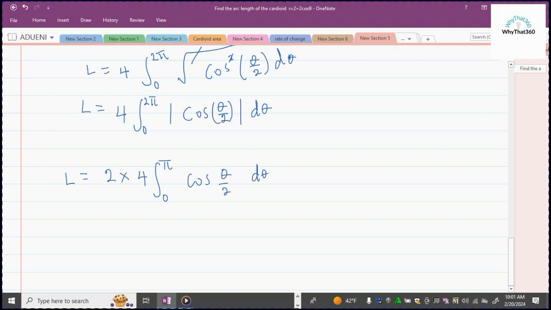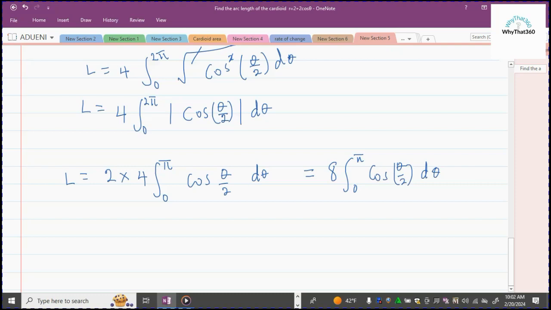That's if you do not want to do the absolute value thing. This will leave us with the length equal to 8 times the integral from 0 to pi of cos theta divided by 2, d theta.